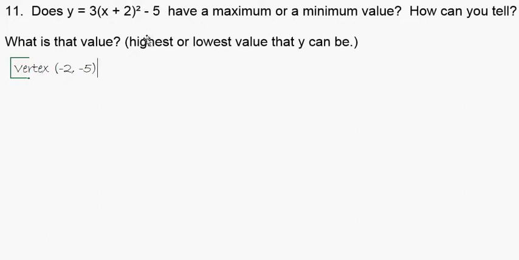So I can say my lowest value, because it is a minimum, is negative 5.